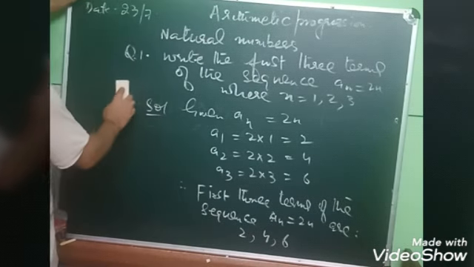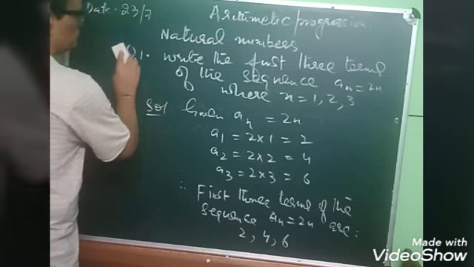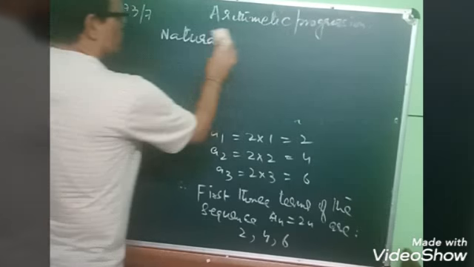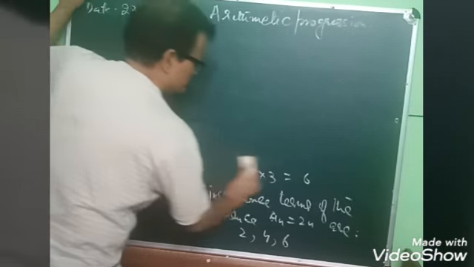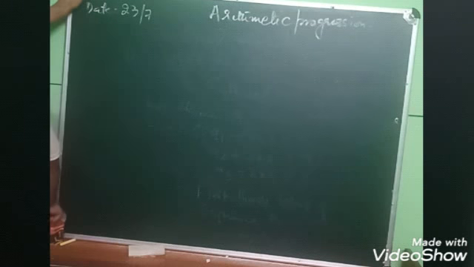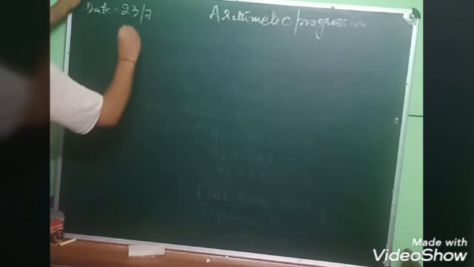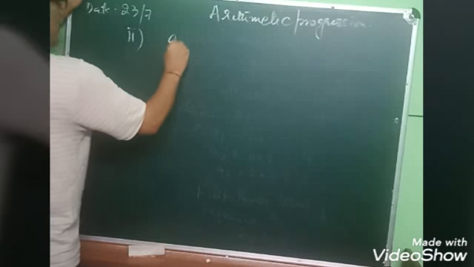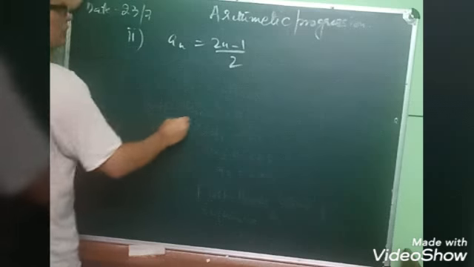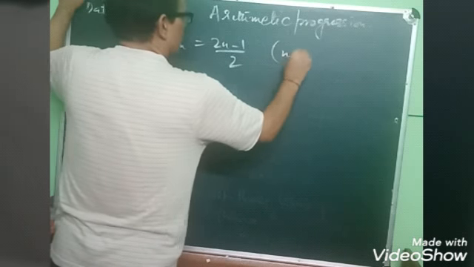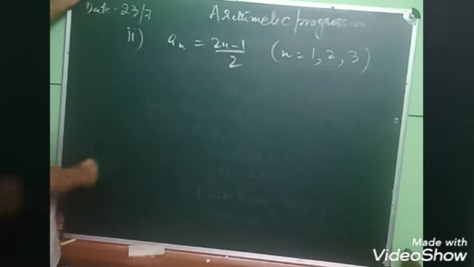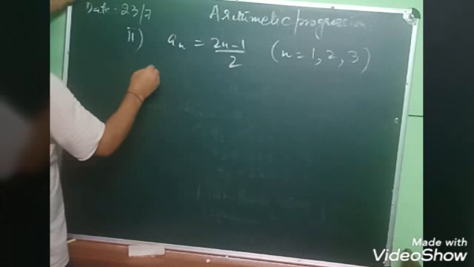Similarly, we will write the next question also, same pattern. Second part: an is equal to 2n minus 1 upon 2, where n is 1, 2, 3. We again have to make 3 terms of the sequence.